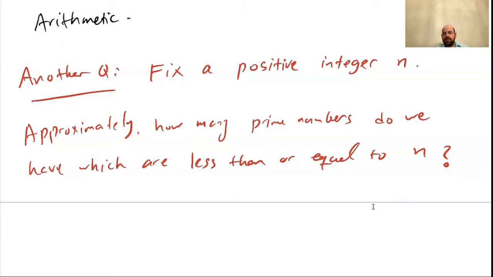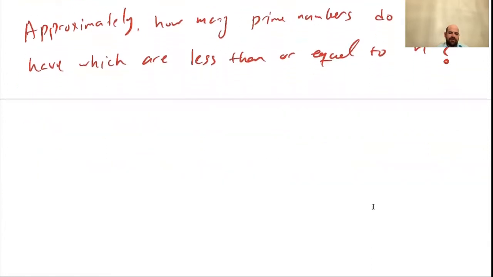Or maybe logarithm of 10,000? This function that counts the number of prime numbers less than or equal to a fixed number has a name. It's called pi of x.